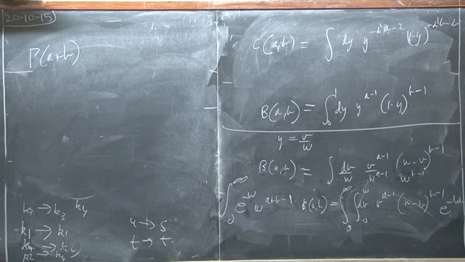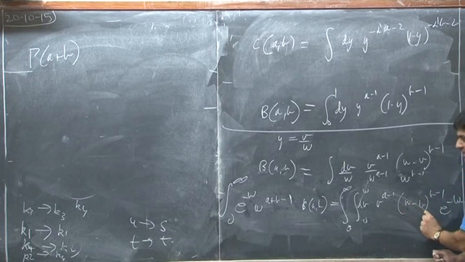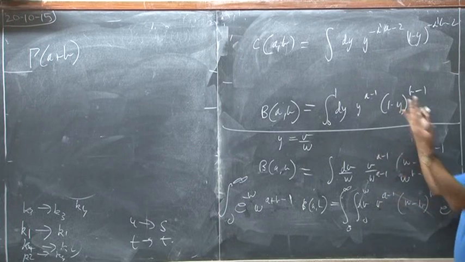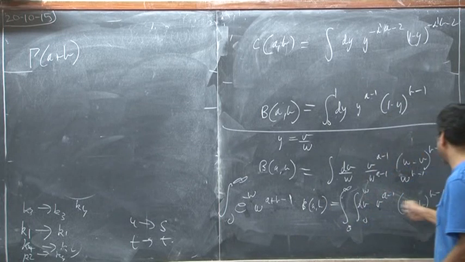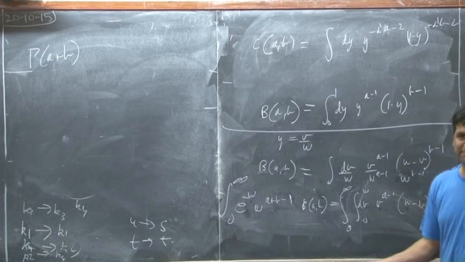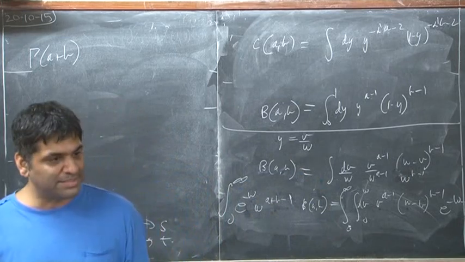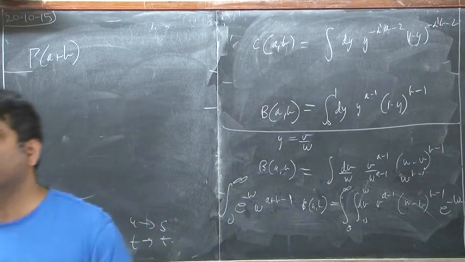The way to see that is that we shift variables to w minus v and to v. You see, what this is doing is covering the whole plane where w is greater than v. So if we shift variables to w minus v and v, these two variables are integrated independently from 0 to infinity.